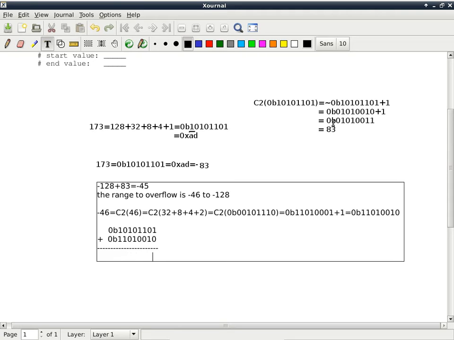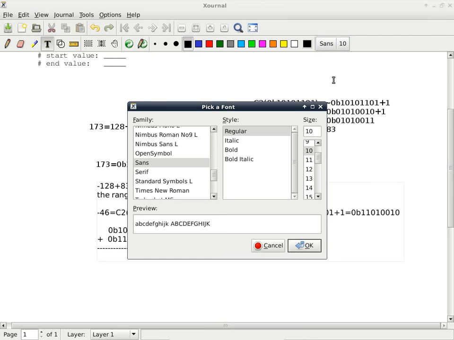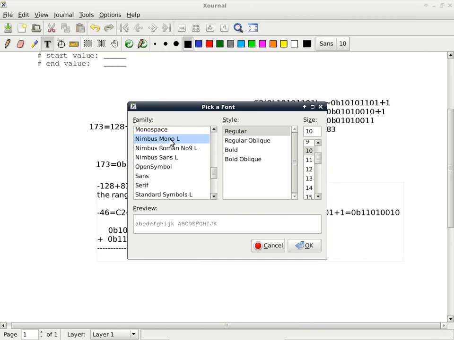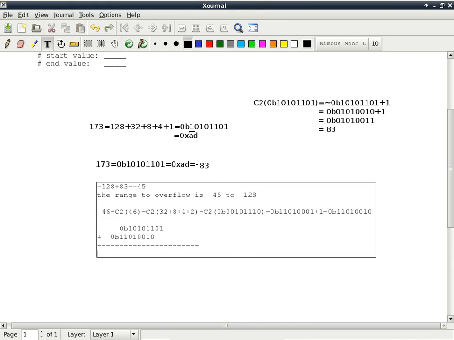I'm not using a fixed size font here, so it makes spacing a lot harder than it has to be. So I'm going to use fixed spacing. Now I have to fix the other one. Easy enough. All right, this makes it a lot easier to align the bits.